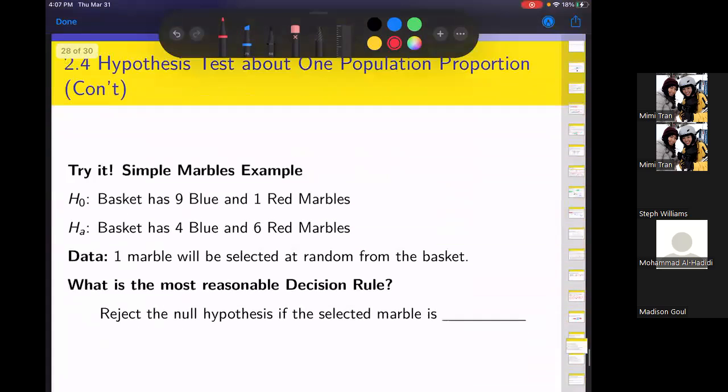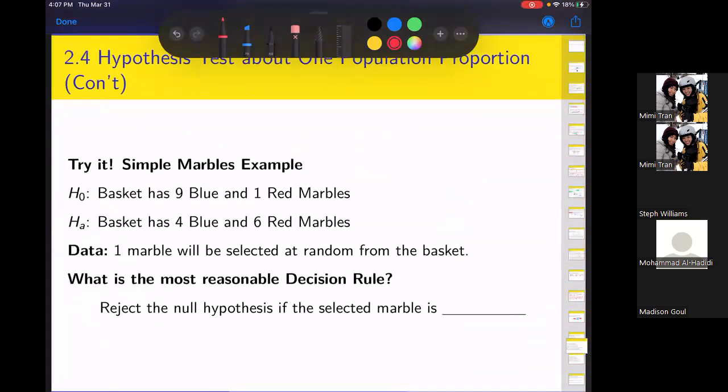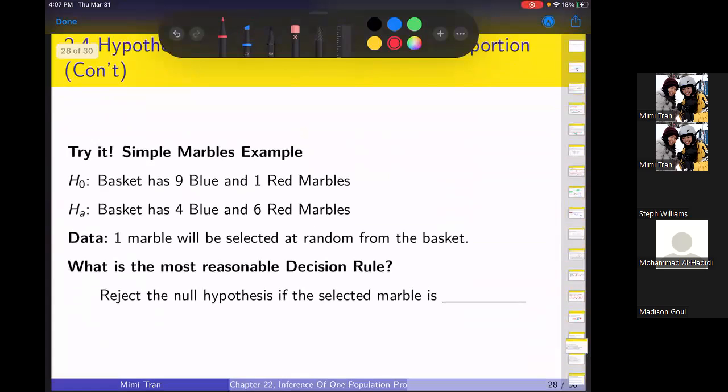All right, let's try out a sample, a very simple example. I have 2 baskets. I'm going to call baskets that have 9 blue and 1 red H naught. Did I make a mistake again? Okay, give me a second. Last time I made a typo. Hang on.